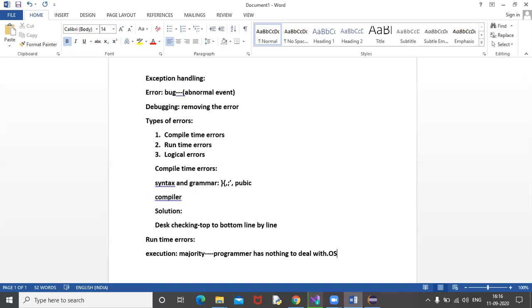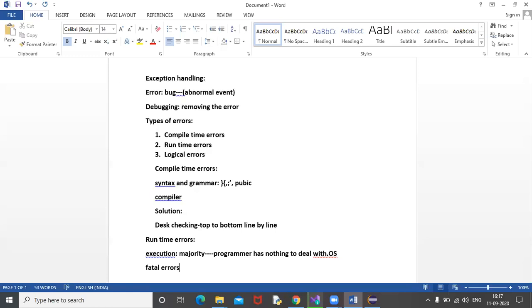We can't get much information from that either. But at the same time, if we commit any big blunders in our programs, they are all fatal errors. I use the word fatal. These fatal errors are very dangerous, and the programmer cannot do anything. Even the operating system is going to fail at times.